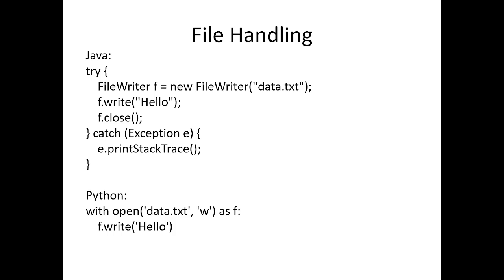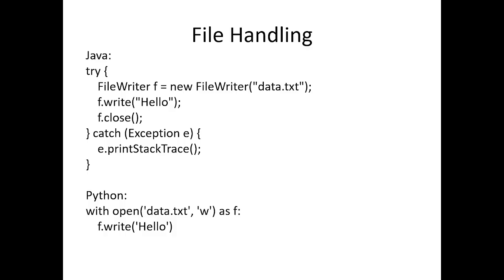In the same way in Python, if I want to write that, there is an open method. So with open, which file do I want to open? Data.txt. What do I want to do? I want to write, so I have written w as f. f is a reference I am creating with the file.